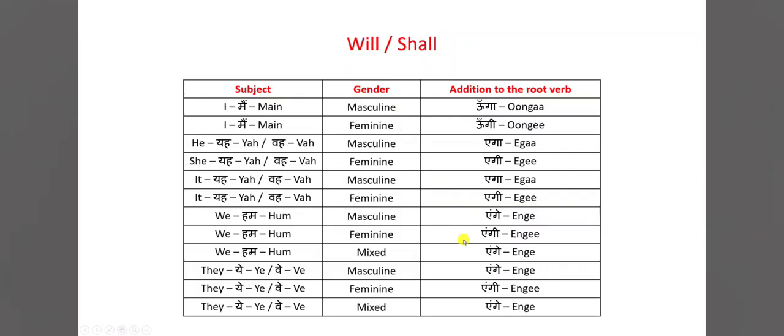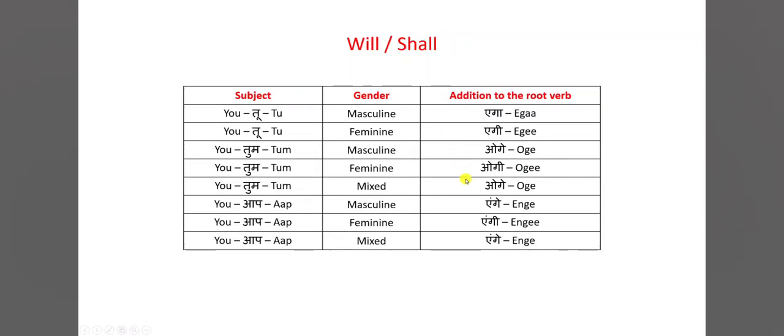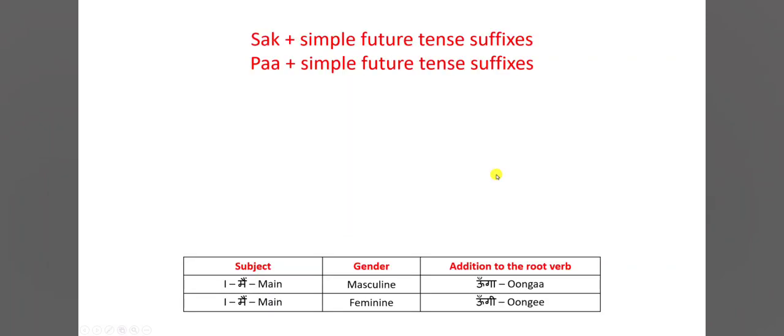Here is the table. We have already learnt to frame simple future tense sentences, and so I will not be repeating these once again. But remember that we will be using these suffixes in this video. First, let me take an example sentence and show you the way we frame a sentence.